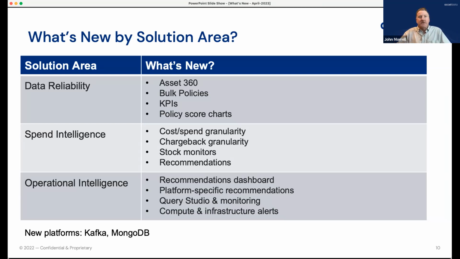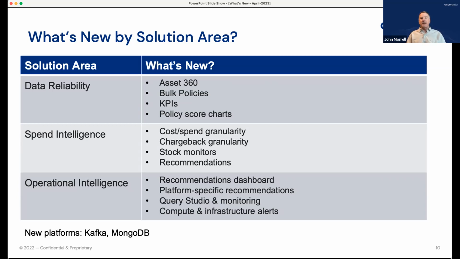In the operational intelligence side, we also set up a new recommendations dashboard and have recommendations that we automatically surface for you. Just like the ones with spend intelligence, but this takes a little bit of a different approach. Rather than looking at recommending configurations by spend, we look at recommendations based on the type of performance characteristics or throughput characteristics you need out of your system.